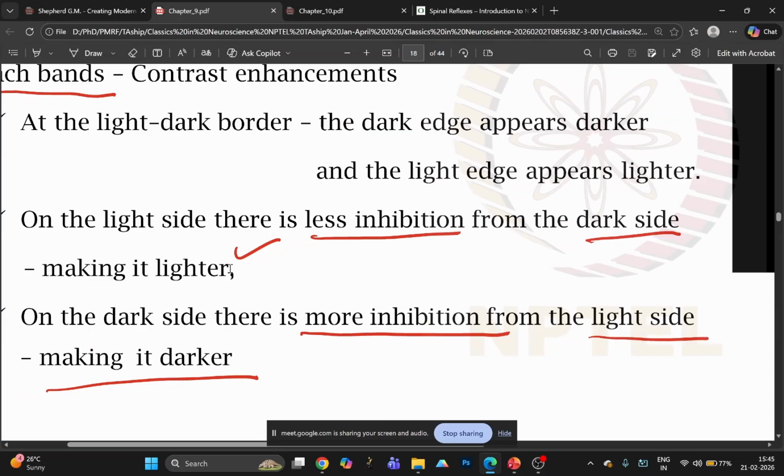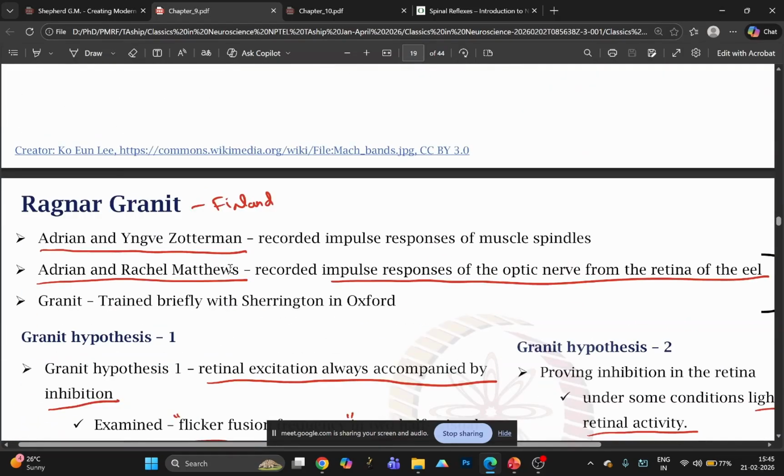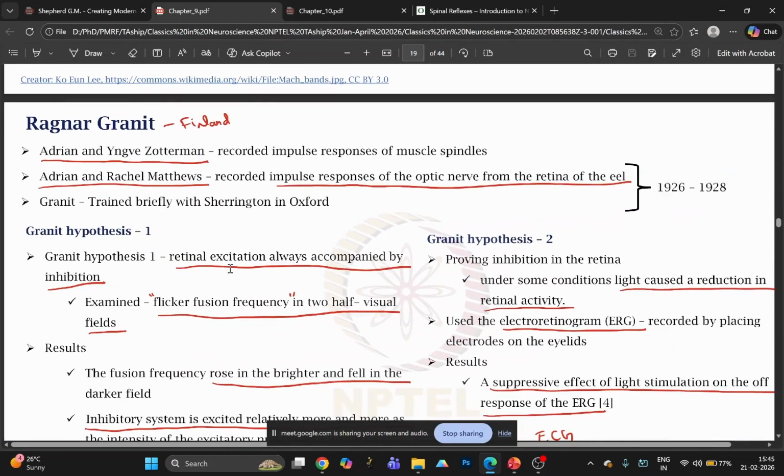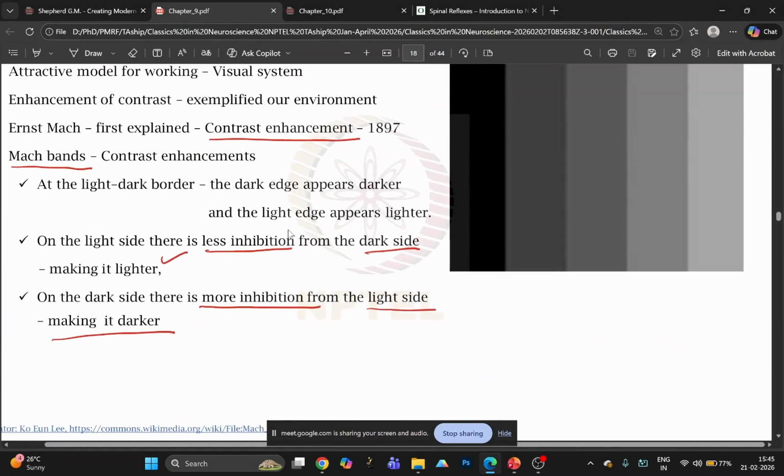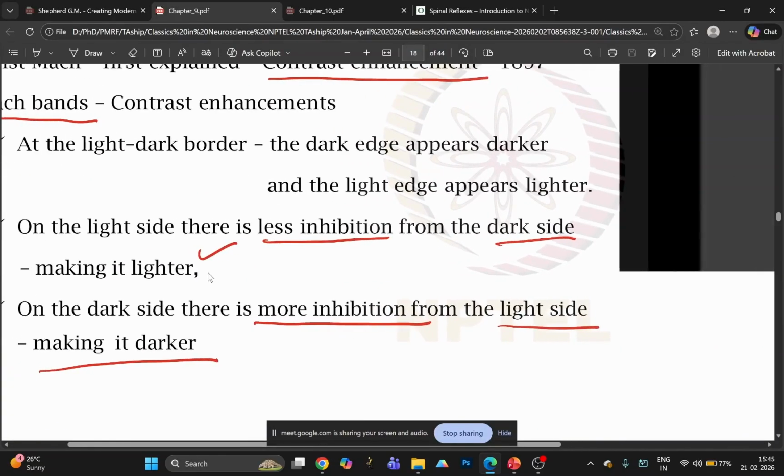There is a phenomenon called lateral inhibition, which these researchers slowly started understanding exists. In lateral inhibition, when neurons are activated, they can inhibit the neighboring neurons. So basically, that is the concept of lateral inhibition.